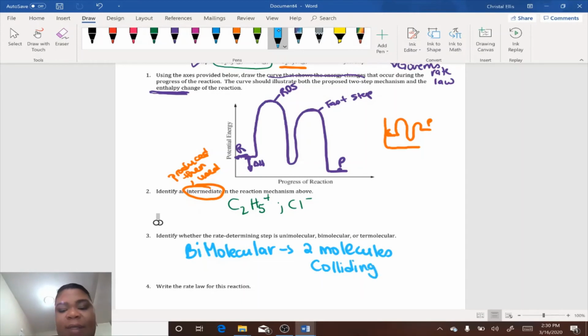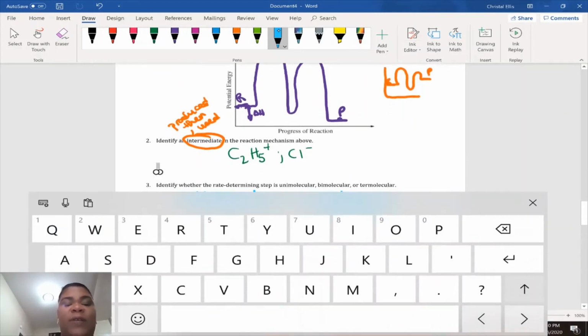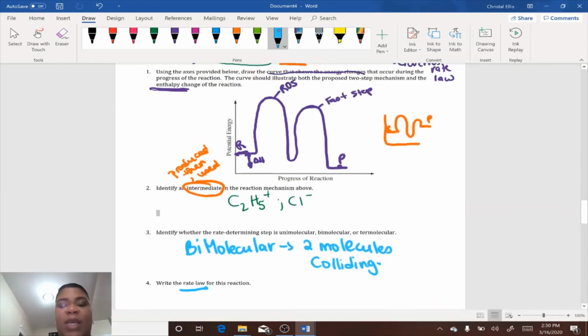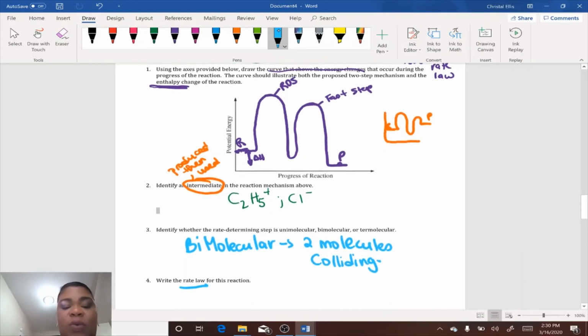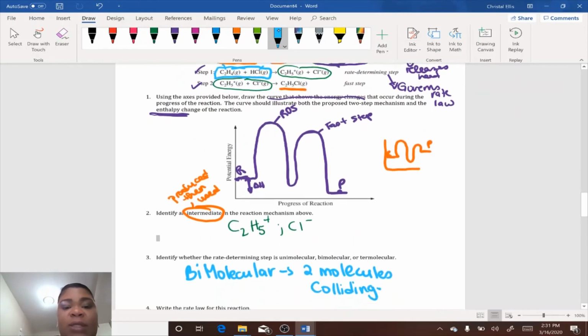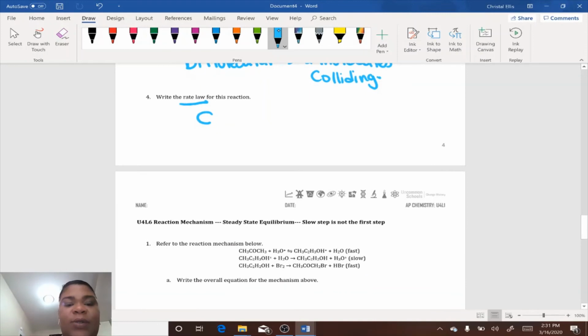And then it asks us to write the rate law. To write the rate law, we always have to remember that it's the reactants from the rate determining step that go into our rate law. So our reactants are C2H4 and HCl.